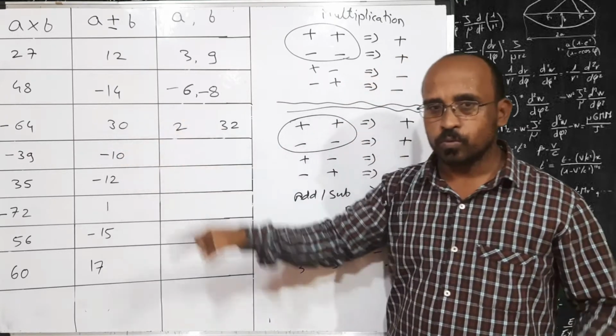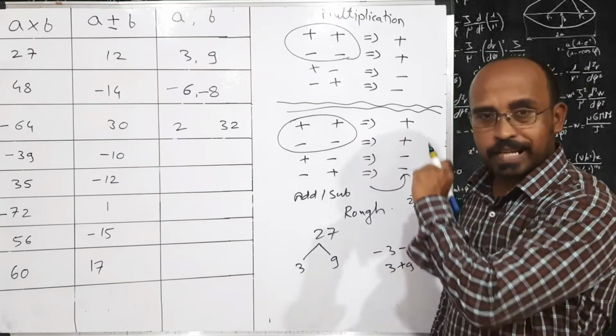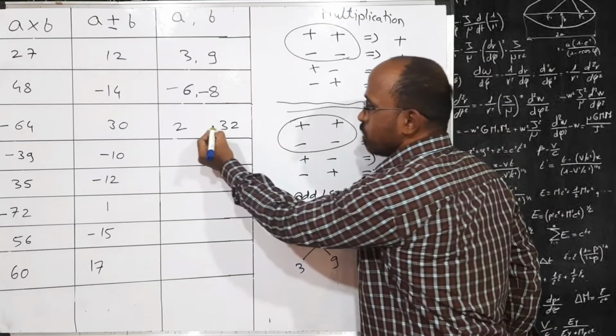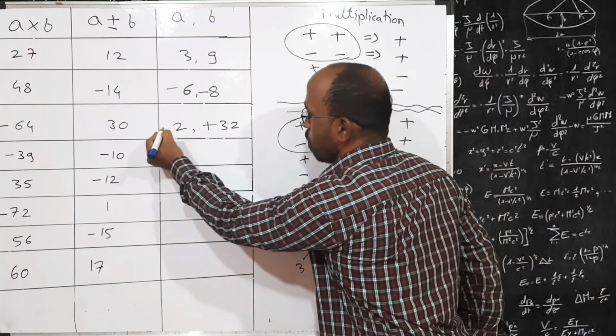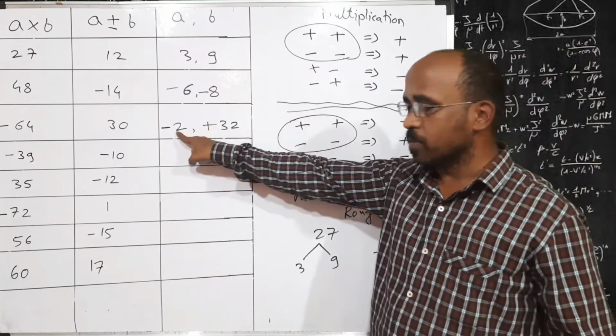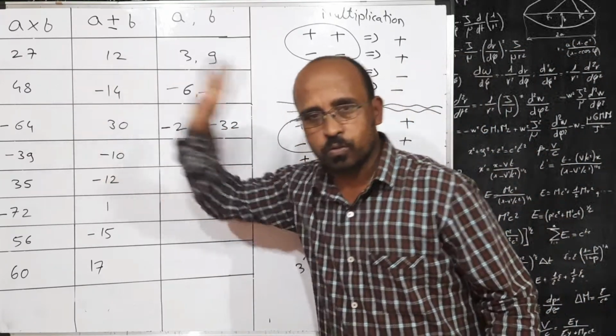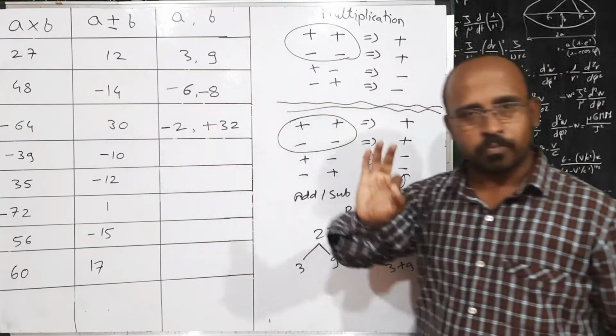So among these two, which number will have plus symbol? The number with greater magnitude, means greater number. So this 32 will have plus symbol and 2 will have minus symbol. So see students, plus 32 multiplied by minus 2 is equal to minus 64. 32 minus 2 is equal to plus 30.